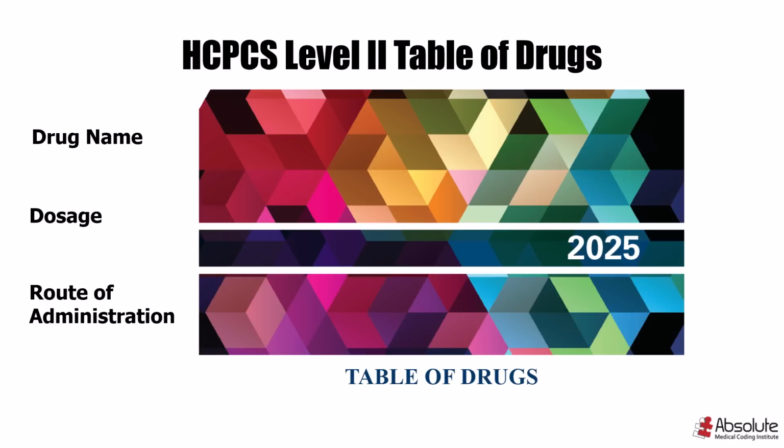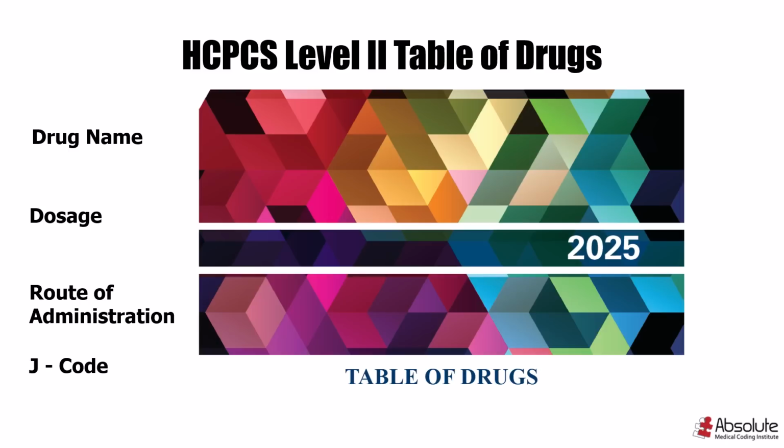This table will provide you with a J code. And yes, you can code directly from the table of drugs. You can bypass the index and go directly to the table of drugs, but you should always verify that code in the tabular list.